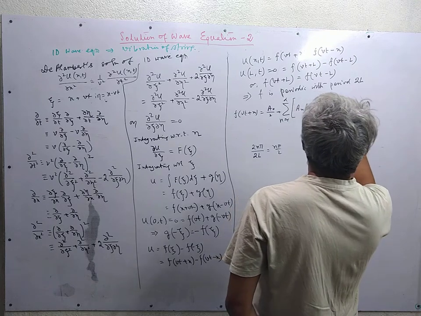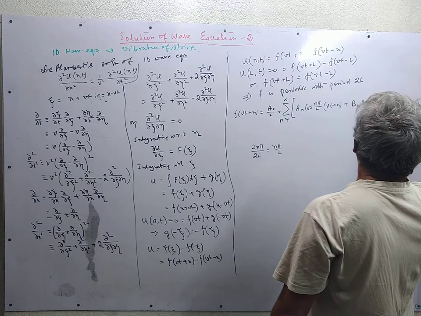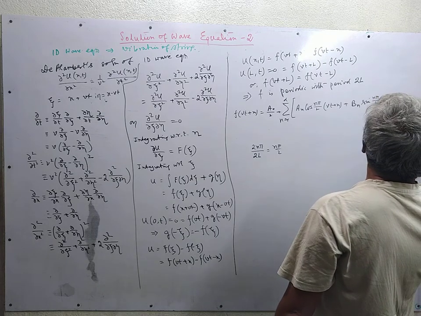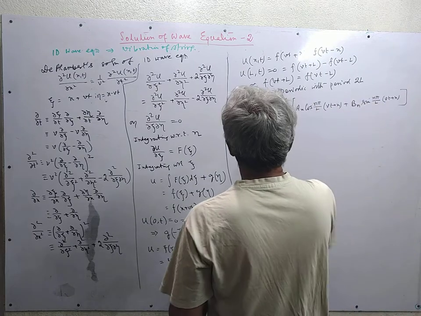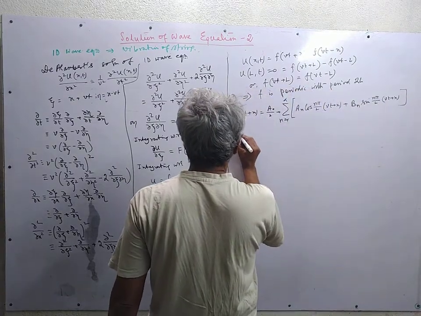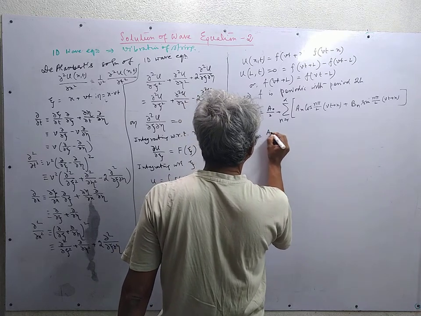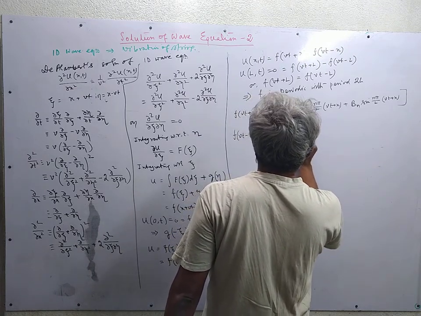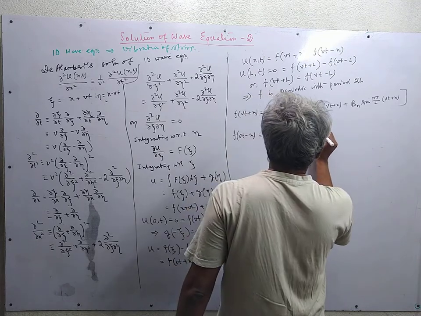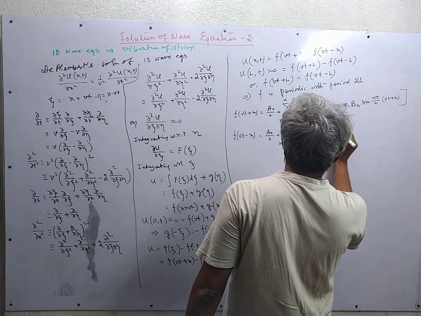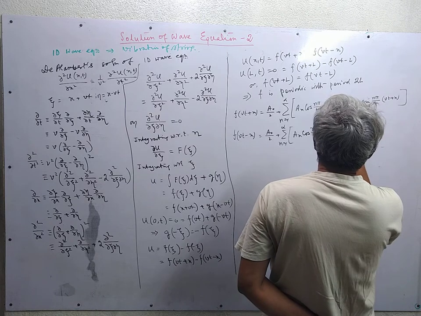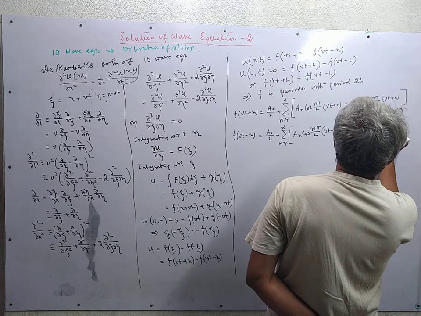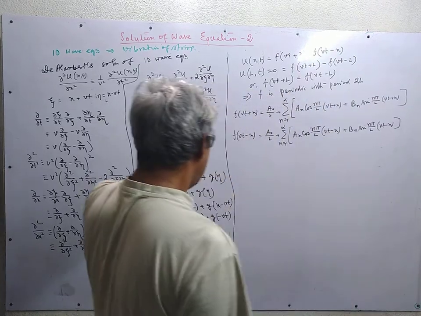Cos of n pi by l into vt plus x plus Bn sine of n pi by l into vt plus x, and for this part we write f of vt minus x is equal to a0 by 2 plus summation an cos of n pi by l vt minus x plus Bn sine of n pi by l vt minus x.